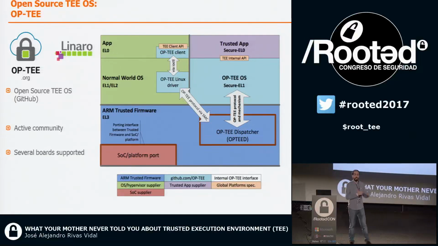And I mention this project because I think that it has a very active community, which is something quite important when we refer to open source projects. And since it doesn't just depend on software, but this type of solution also needs some hardware, there are several platforms that support being able to execute this operating system.